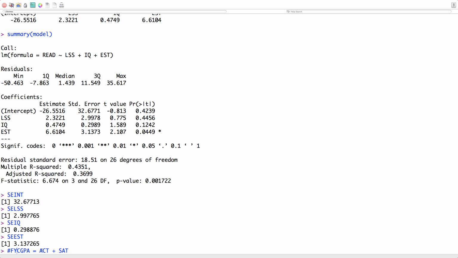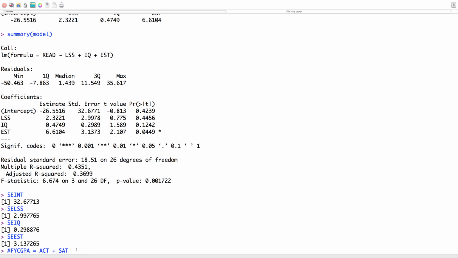Guys, what I want you to focus on here is: is a difference of 1 unit the same for ACT and SAT? Absolutely it isn't. ACTs tend to range from about 6 to 36. SATs tend to range from about 200 to 800. A person with an ACT of 30 versus a person with an ACT of 29, again a 1 unit difference, is a completely different comparison than someone with a 600 and a 601 on the SAT, just because of the unit of measurement.